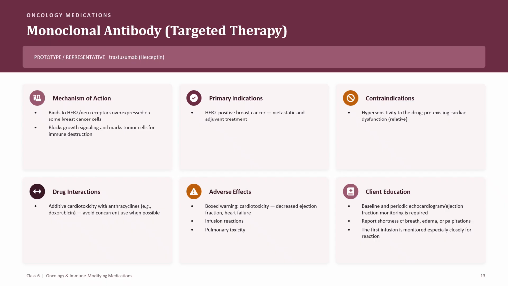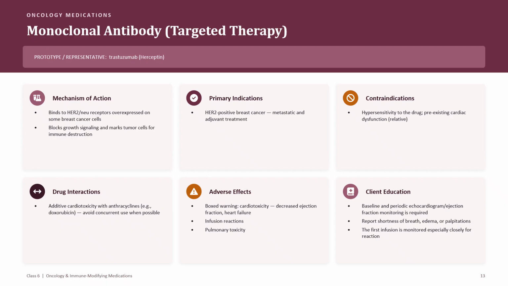A clearly important overlap with trastuzumab and doxorubicin, that red devil from a couple slides ago: they're both cardiotoxic. So giving them together compounds that risk. A lot of chemotherapy treatments are compound regimens where you're giving two medications at once.